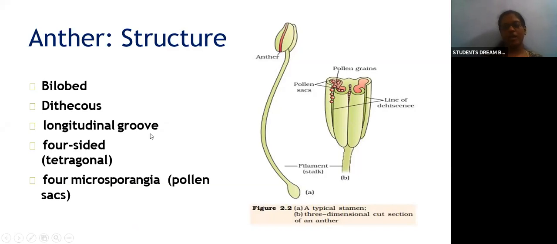What is a groove? A groove is a depression or a cavity. It is like a hole-like structure inside.